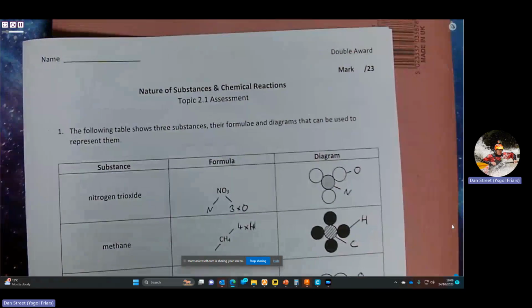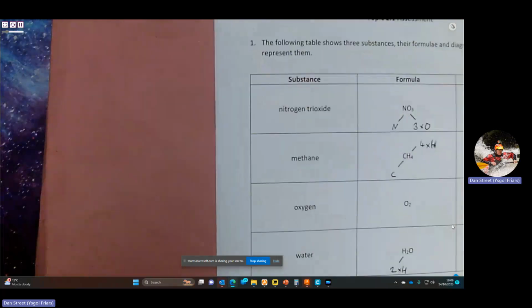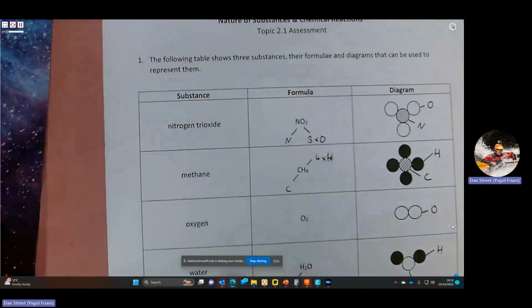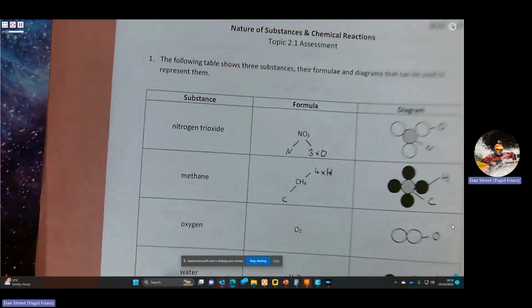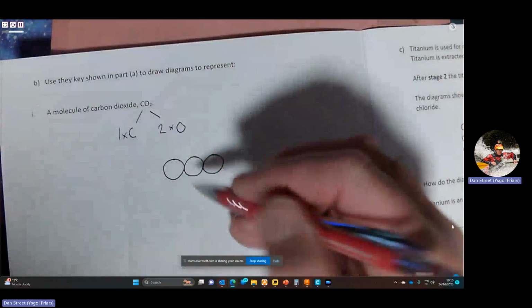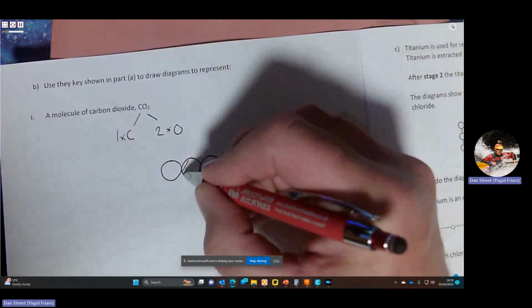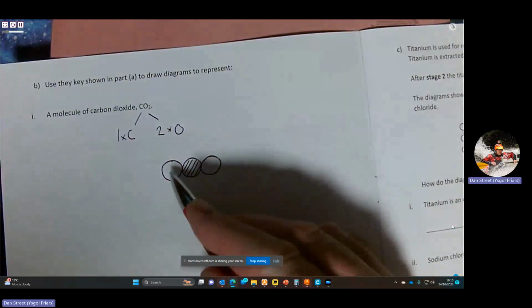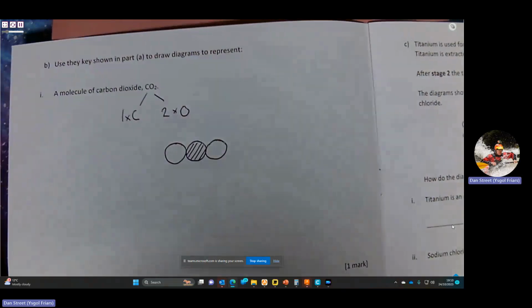So if I turn back, we know that the carbon is the cross-hatched element here, and oxygen is the white one. Okay, so the carbon is going to be the middle diagram because the other 2 are bonded to the carbon, and the oxygen is going to be the 2 on the other side which remain white.